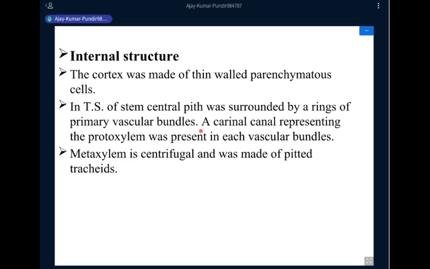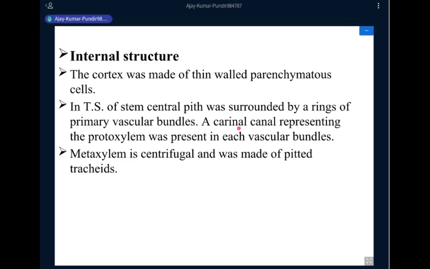It has been observed by some paleobotanists that a carinal canal is a diagnostic feature of members belonging to the division Sphenophyta. It is present in the region of the vascular system.